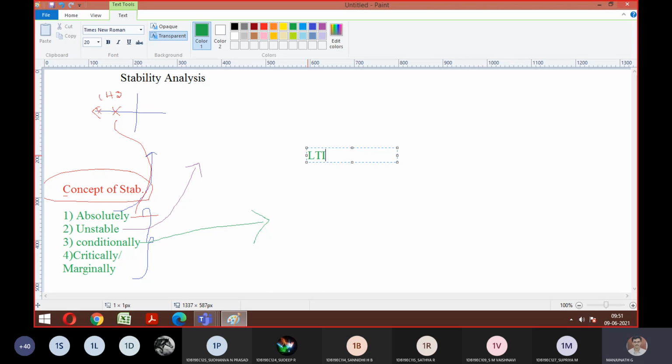I'm waiting for you to tell the answer for what I asked. Anyone can tell me what is the example for time variant? So much difference here.